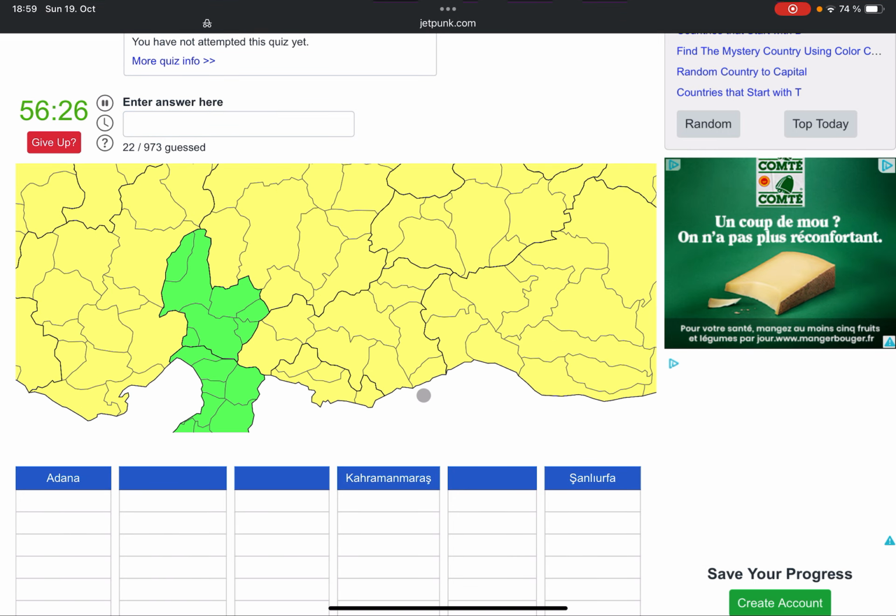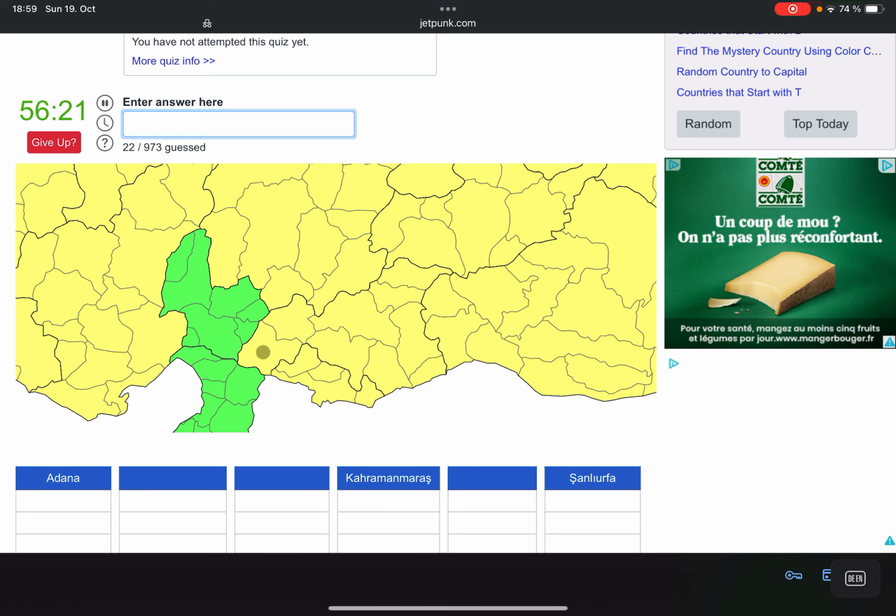So let's just continue here on the east side with İslahiye, Nurdağ, we have Şahin Bey, Şehit Kamil. Here, by the way, I forgot to mention that the province is called Gaziantep, and Gaziantep itself is also a very big city in Turkey. I think the fifth or sixth largest.